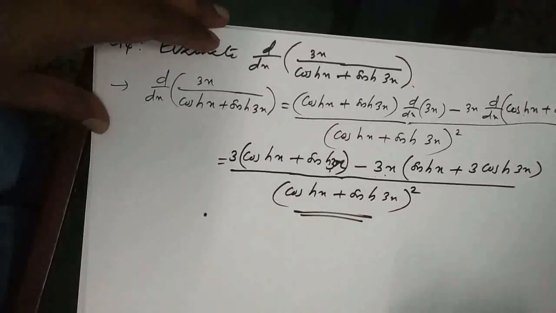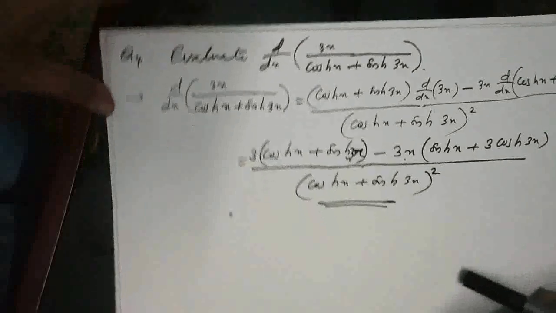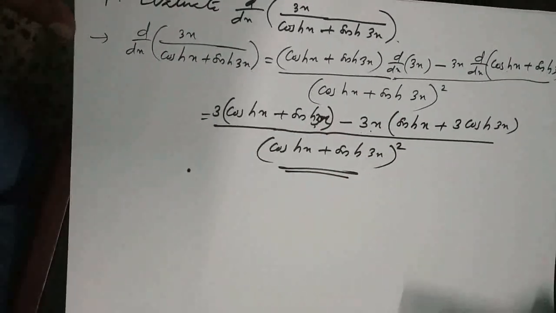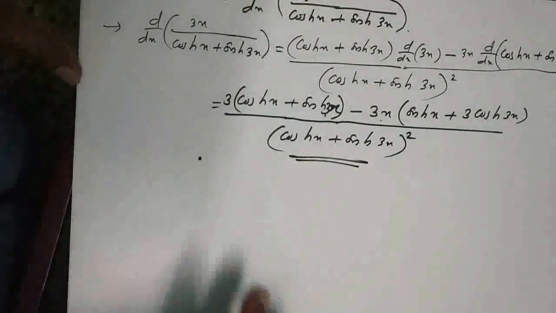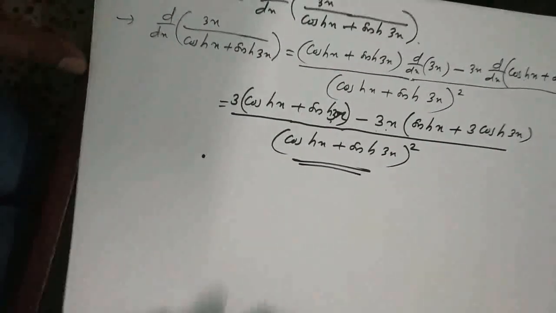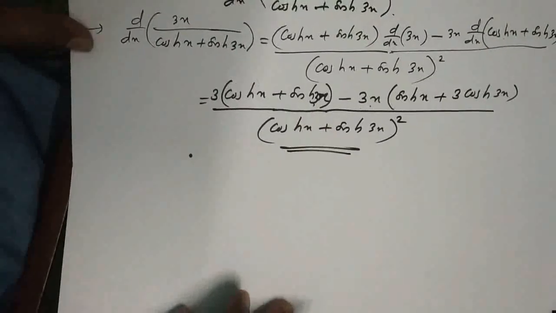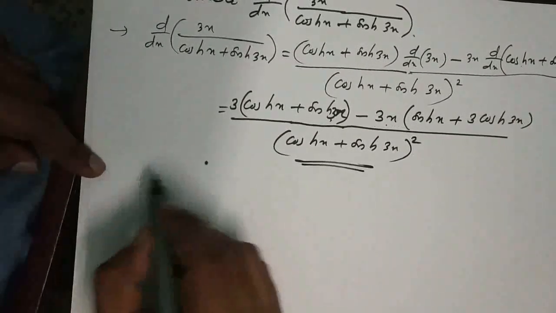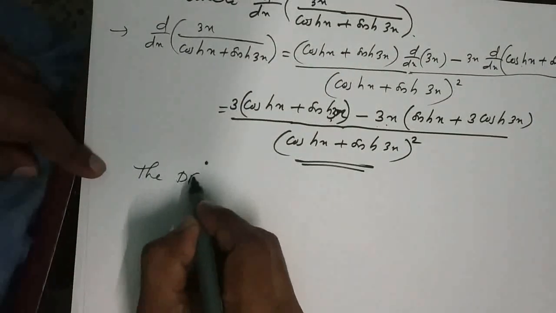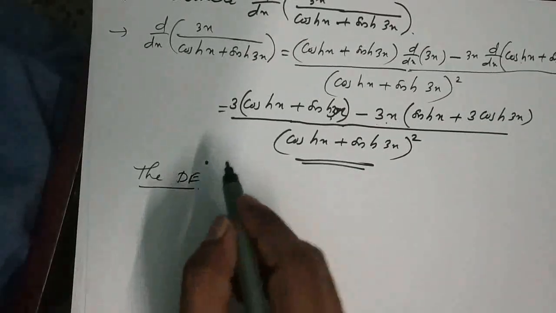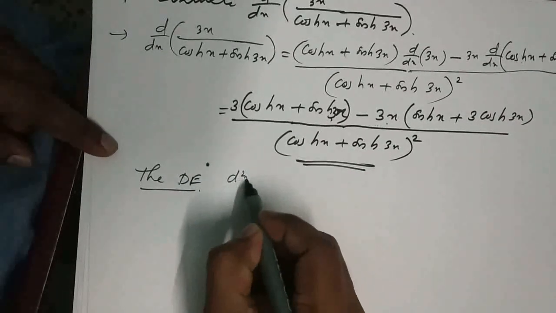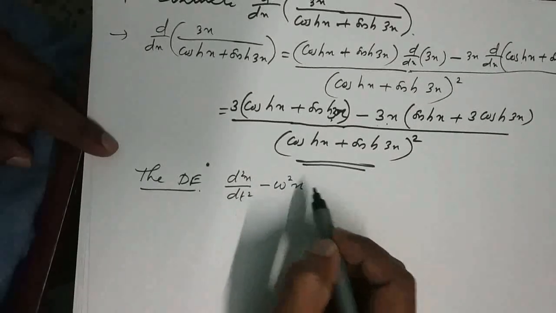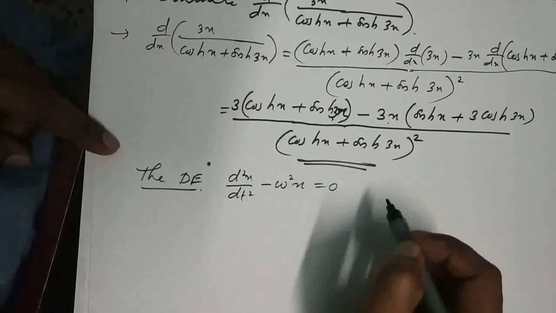Okay, next we can find a solution of a differential equation. The differential equation is d square x divided by dt square minus omega square into x equals 0, where omega is a constant.